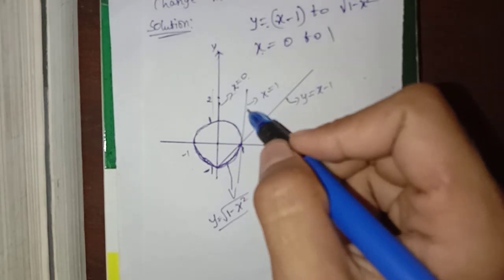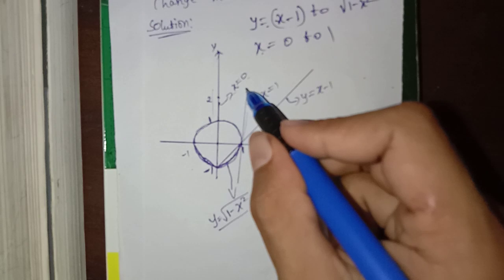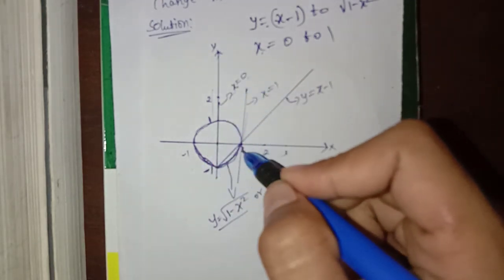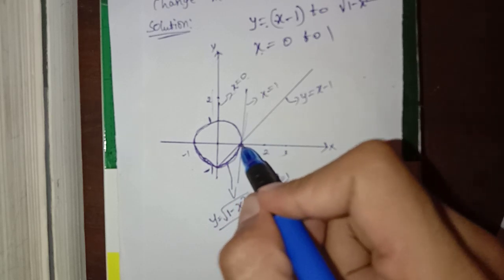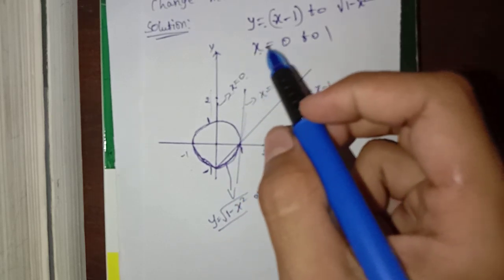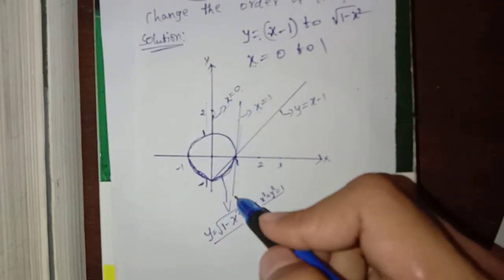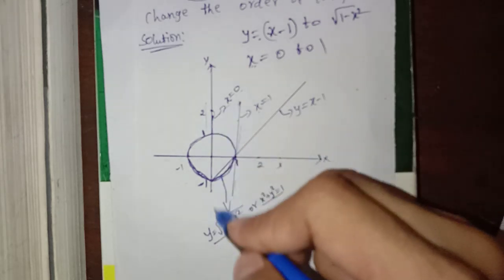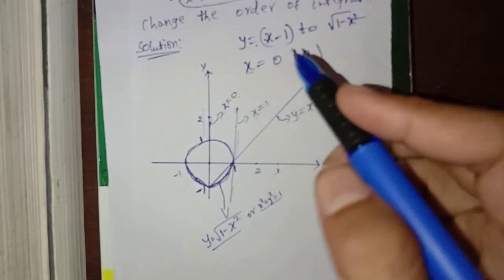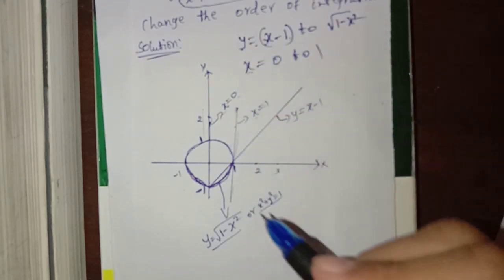On the x axis this is 1 here, and the line parallel to the y axis through 1 is called the line x is equal to 1. So x lies between x is equal to 0 and x is equal to 1. This is the bounded region. And in the y axis, y is equal to x minus 1, which is a line.